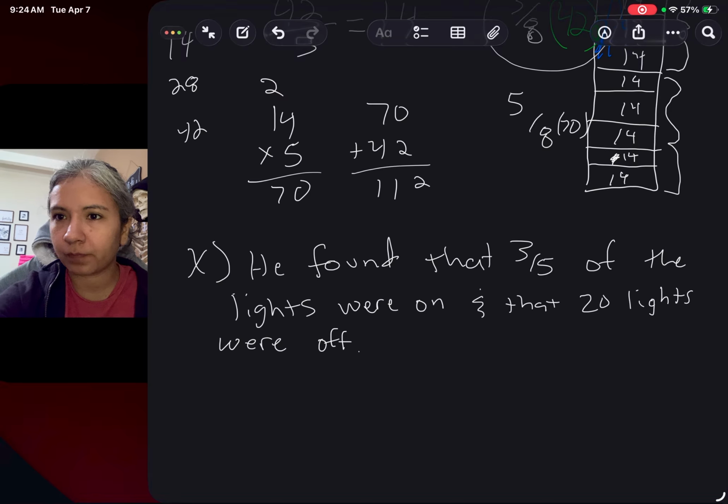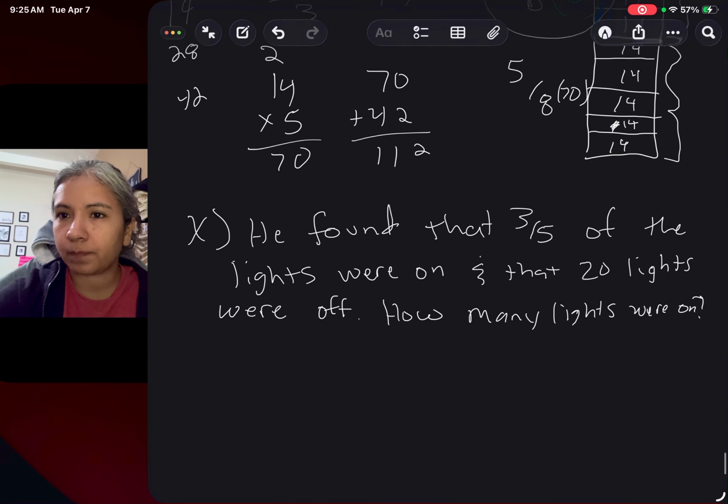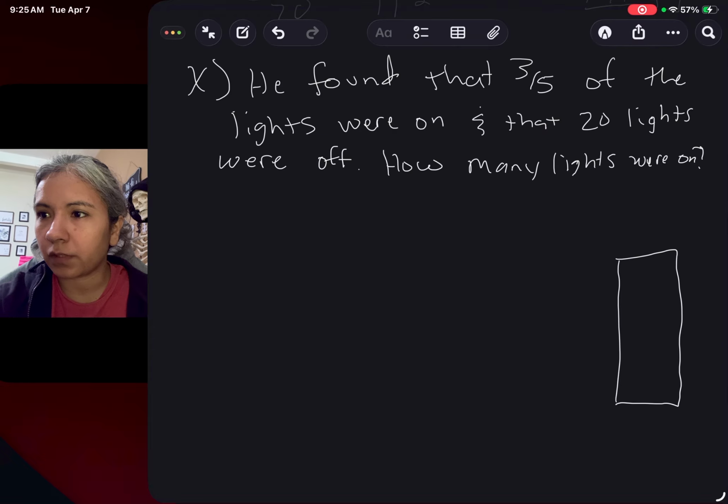So how many lights were on? We're not finding the whole, but we can. Okay, so we are going to divide this into 5.